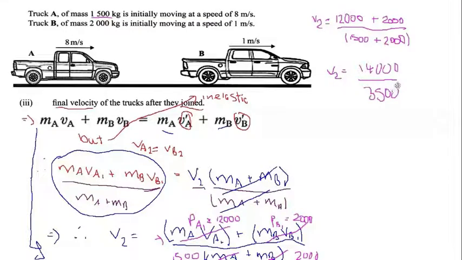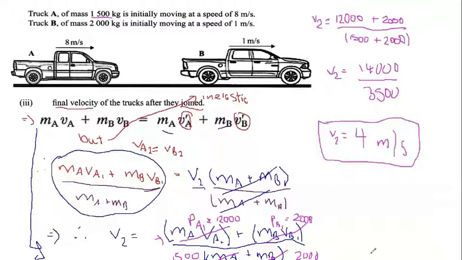And so finally, once I divide, what's my answer? No, there's no square root. Okay, so our answer is 4. Can you try to make this complicated? 4 meters per second.